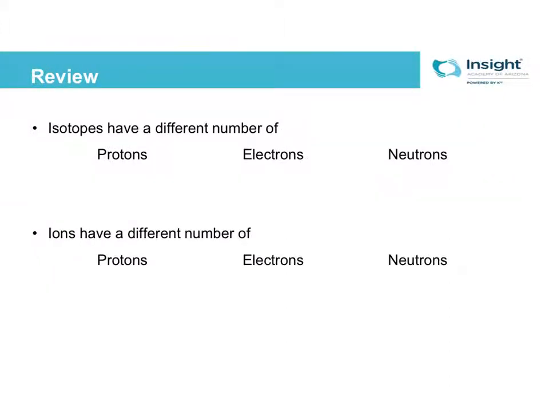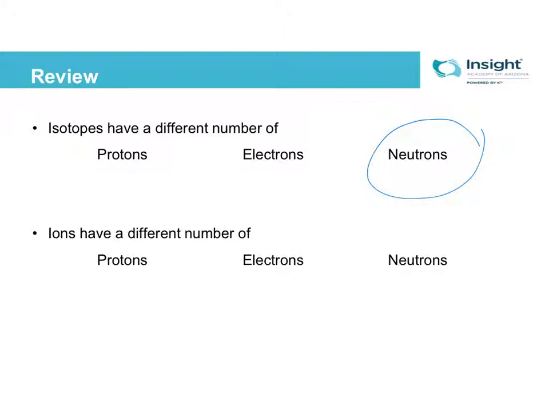So just a quick review of the last couple of recordings. Isotopes have a different number of protons, electrons, or neutrons. Hopefully you said neutrons, that's the isotopes. They have different neutrons. Now because their neutrons change, they might have more or less of them.